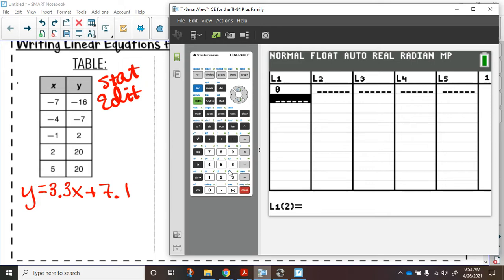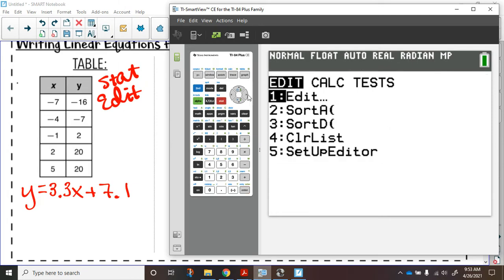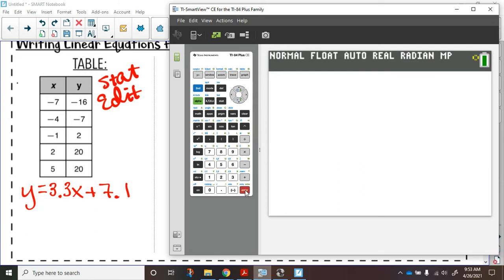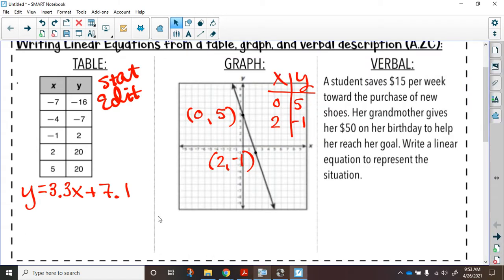So we have 0 and 2, those are my x's, and then my y's are 5 and -1. Because this is a line, press stat, calc, 4, enter 5 times. And so my equation for this particular line is y equals -3x plus 5. And that is my equation.